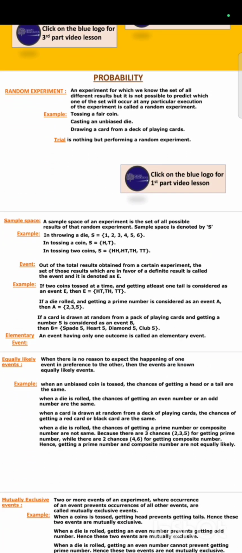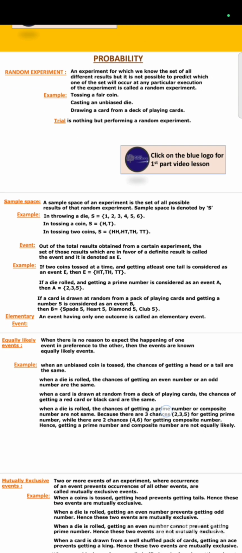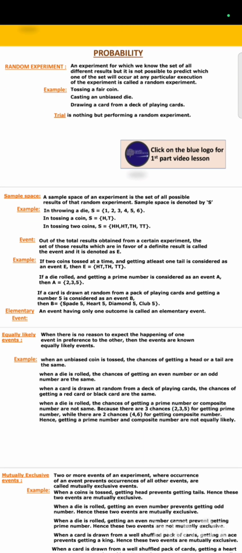Before going to discuss probability, we will discuss the definition of a random experiment. A random experiment means an experiment that can be repeated any number of times under identical conditions, which means all possible outcomes of the experiment are known in advance.